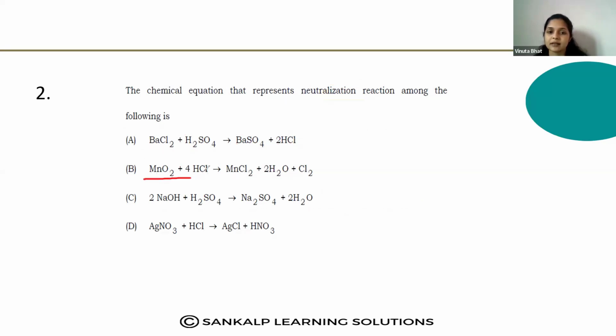Manganese oxide and HCl form manganese chloride, water and chlorine. Sodium hydroxide and sulfuric acid form sodium sulfate and water. AgNO3 and HCl form AgCl, silver chloride, and HNO3, that is nitric acid.